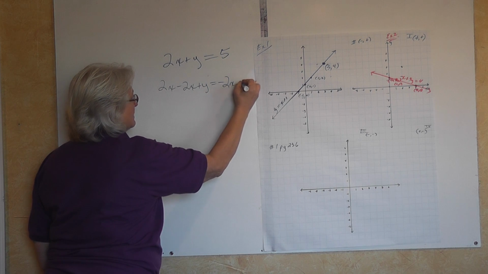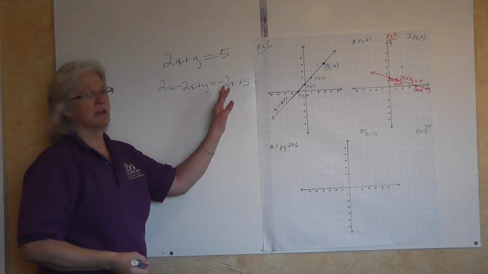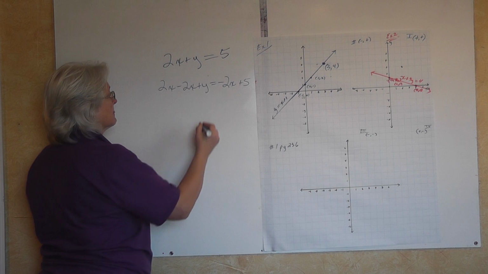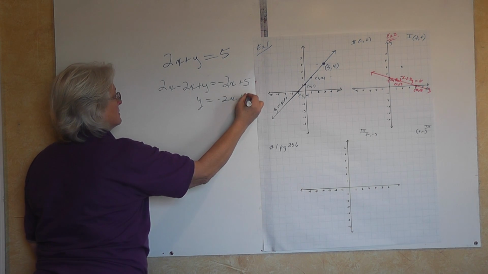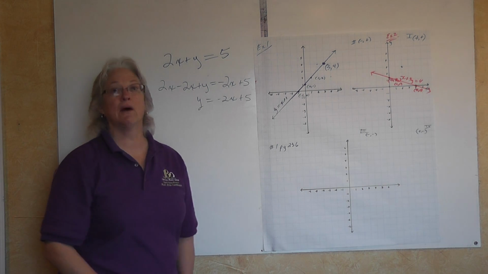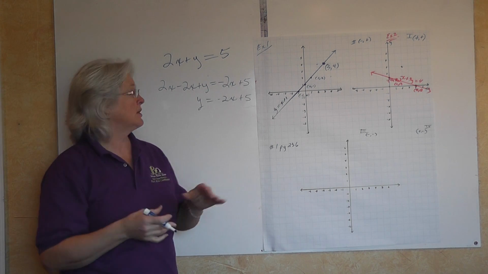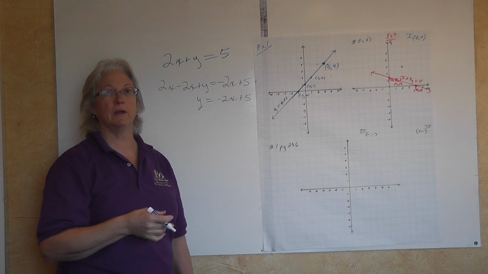Subtraction is the same as adding the opposite. Negative 2x plus 5. y is equal to negative 2x plus 5. We now have solved our equation for y.